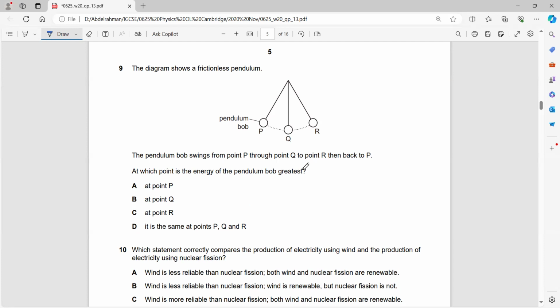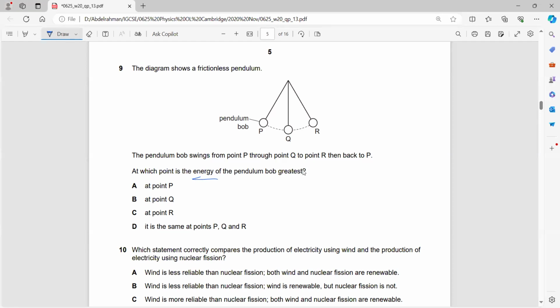Someone's saying B, point Q. Did the question specify, for example, the gravitational potential energy, or the kinetic energy of the bob? Or did it just say the energy of the pendulum?